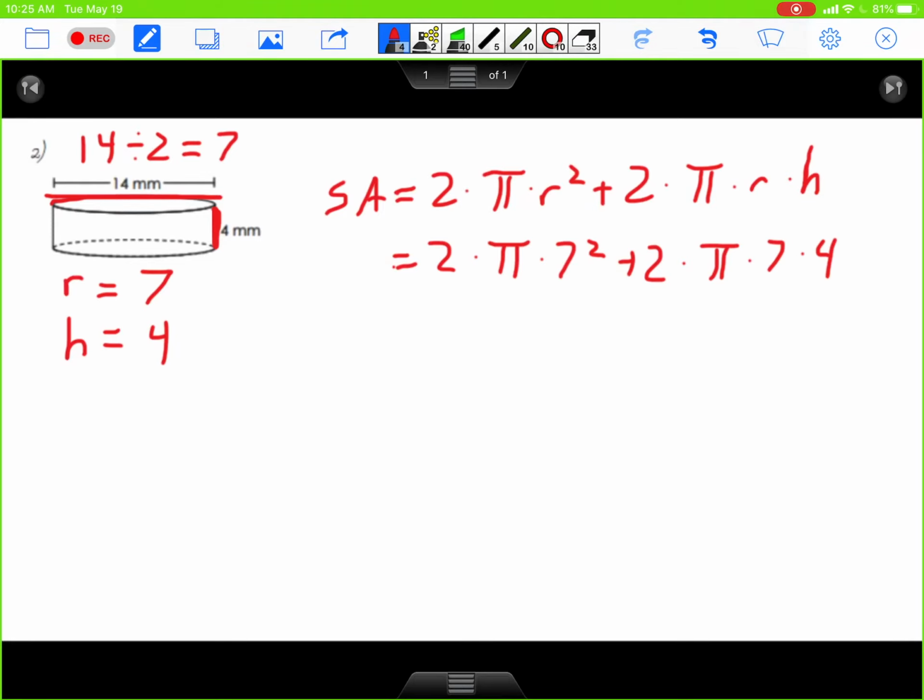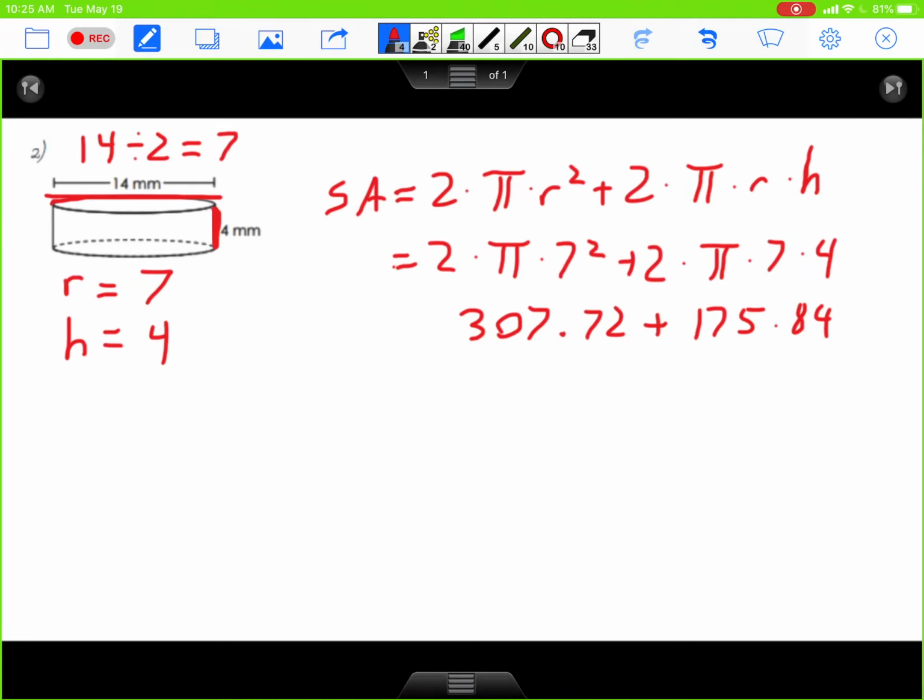Do some calculations. 2 times 3.14 times 7 squared, I get 307.72, plus 2 times 3.14 times 7 times 4, and I get 175.84.